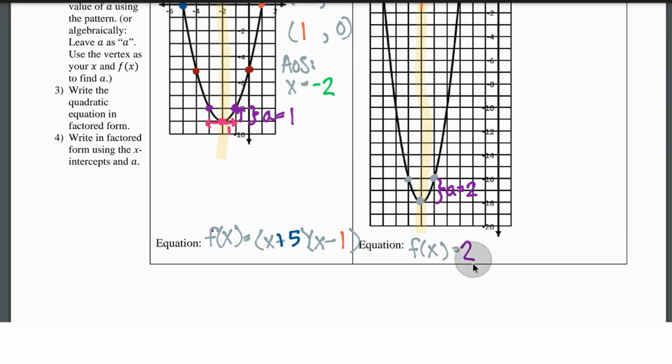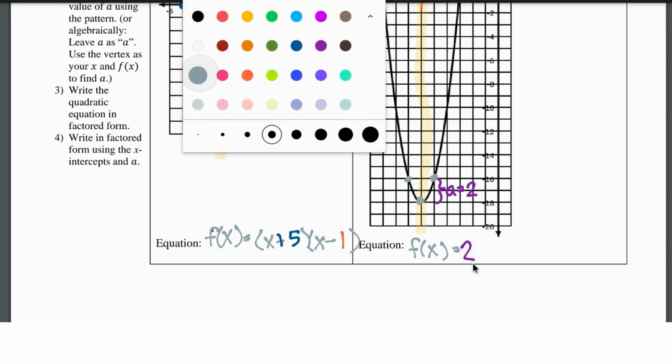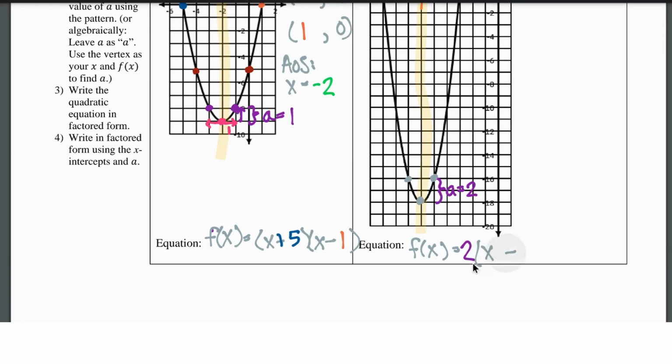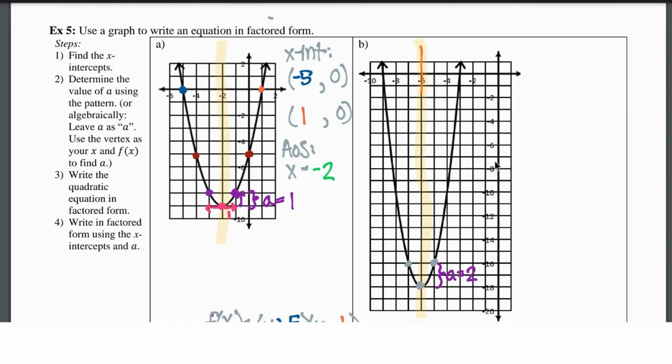Remember, if it's pointing down, that would mean that the a value is negative. And so then what we're looking for is where our graph is crossing the x-axis. Looking at the x-intercepts, remember that those are also called zeros or roots. We want to find the coordinates of the points.